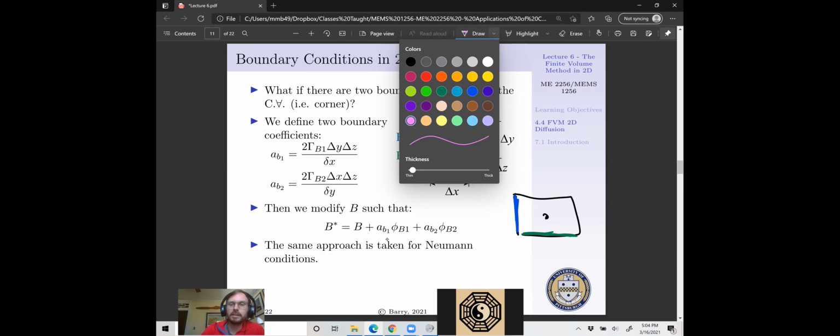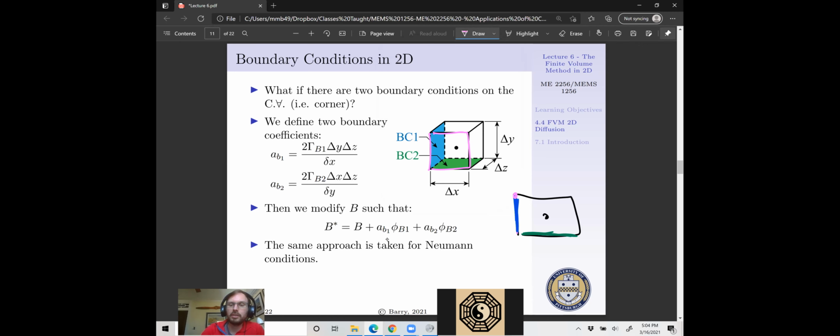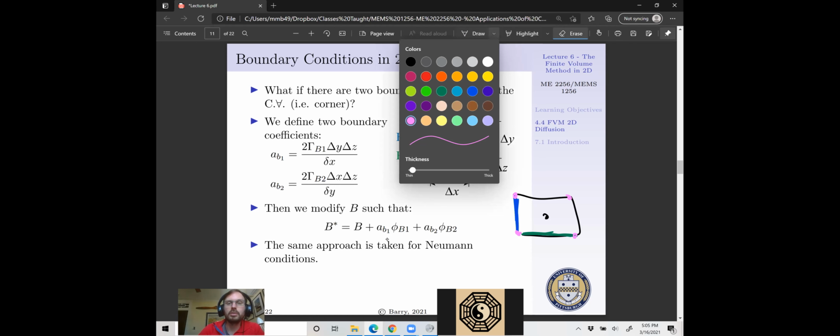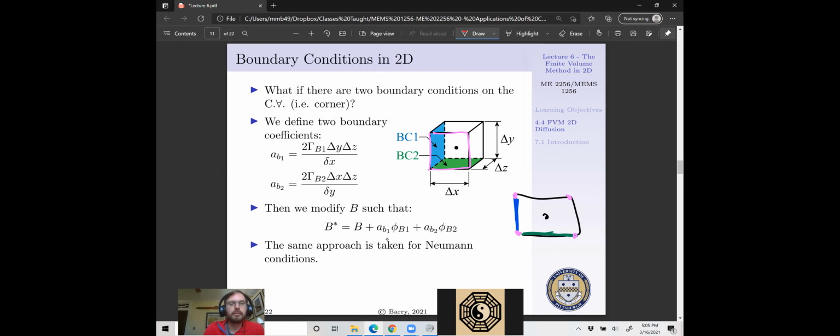Now, if this were the finite difference method, you'd be solving for your values at your nodes. And as we said, that's really hard to do because that node is simultaneously taking 2 values. So technically, we'd have to ignore it to be able to solve it. But what we do here is define 2 unique coefficients.